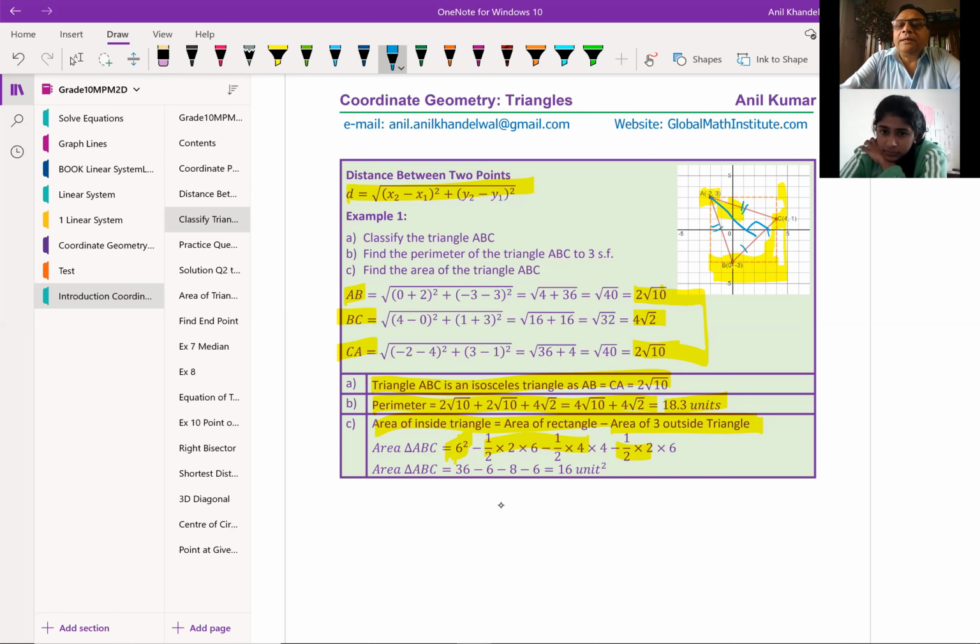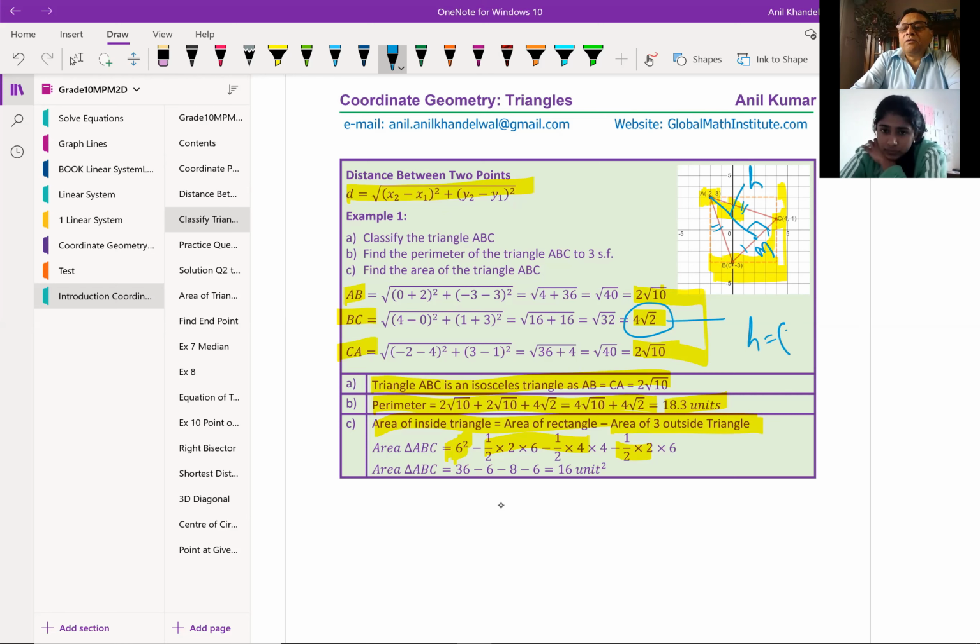Since we have AB equal to CA, it's an isosceles triangle. Since it is an isosceles triangle, I can find the midpoint. Let's call it M. So I have a midpoint, and definitely this is half of this. So this is my other length. Now I can use half of this to find the altitude, right? So let's say height, h. Let me write down height h equals a square minus b square, right?